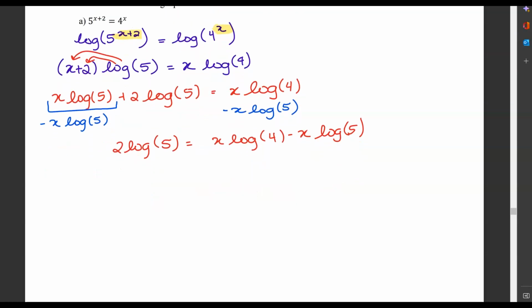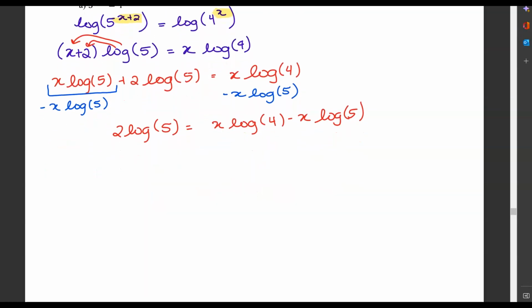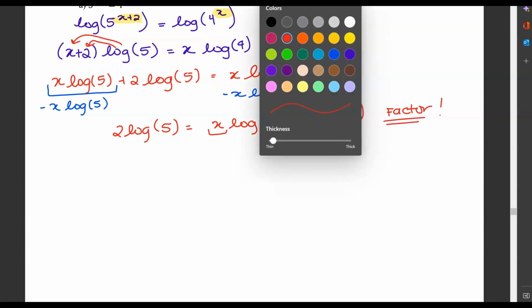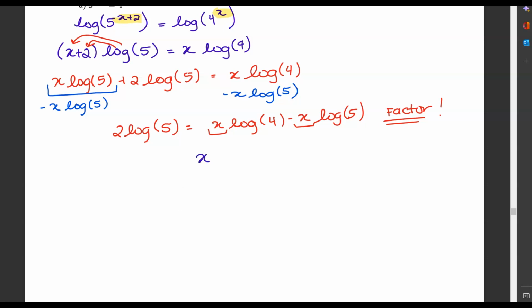Okay. So here, notice, what do these two have in common? They both have an x, so we can use our favorite F word, which is factor. So let's go ahead and factor out that x. So we end up with x outside of (log of 4 minus log of 5).